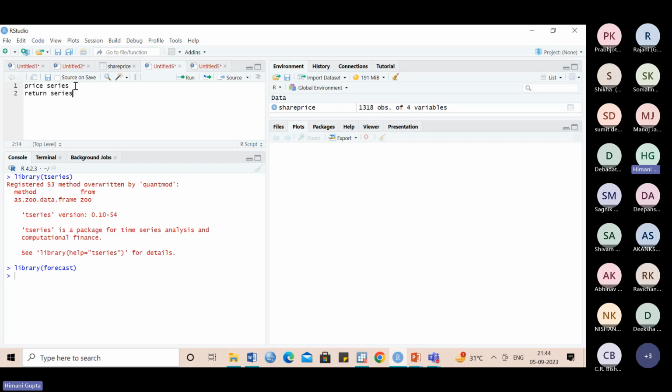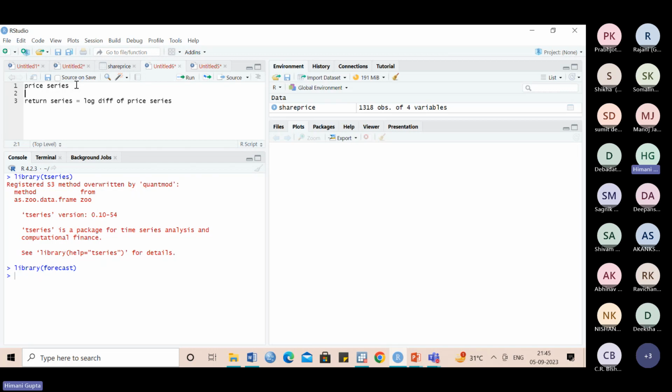The return series will be your conversion, or you can say the log difference, of the price series. Now let's do it over here. I am writing my ARIMA model, first of all for the price series.